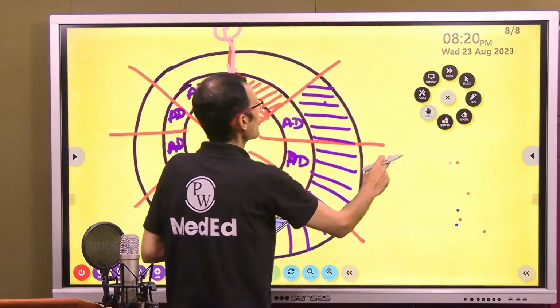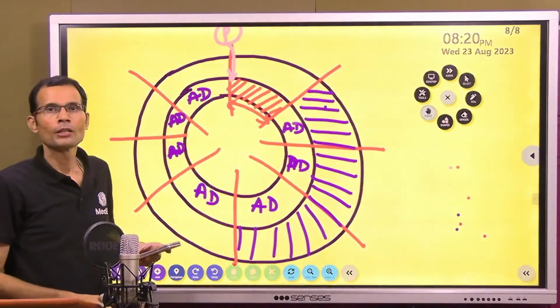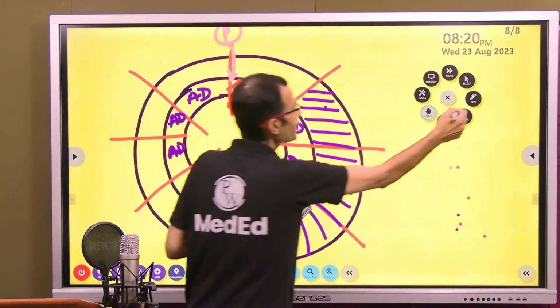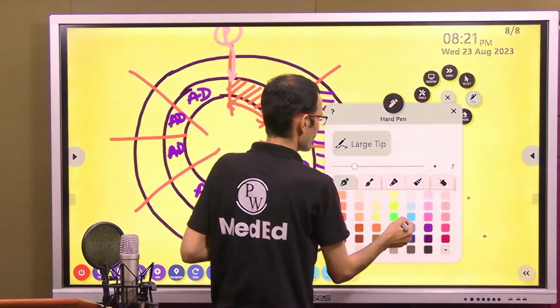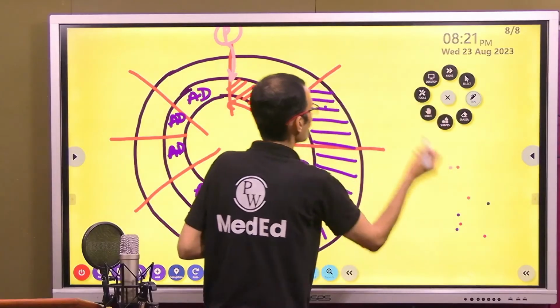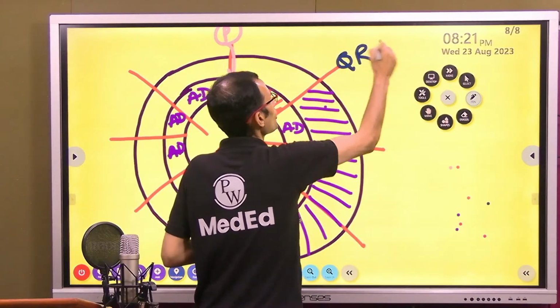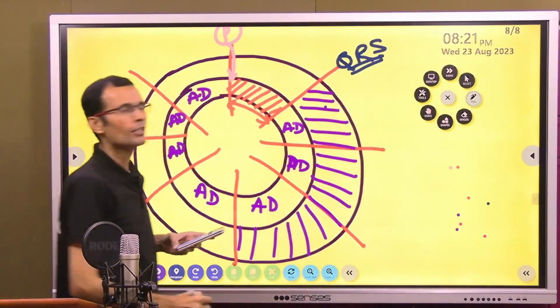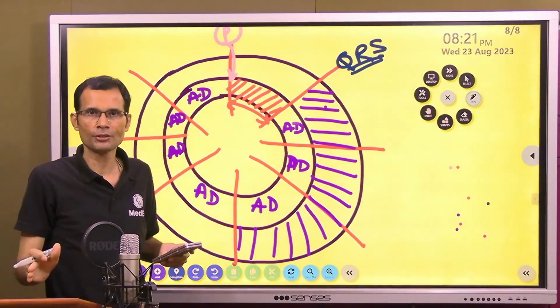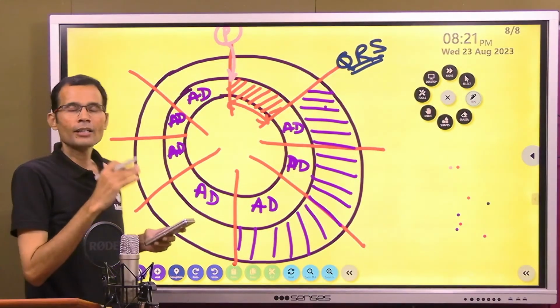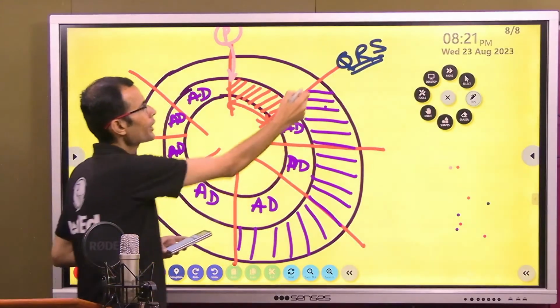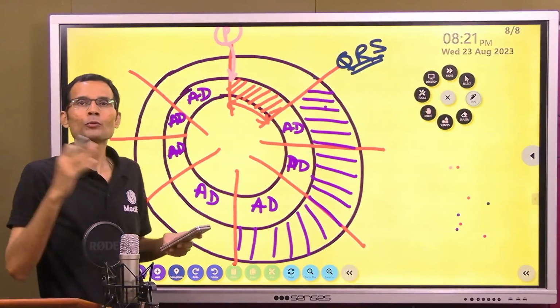Now coming to the ventricular systole. First thing on the ECG, there will be a QRS complex. So let's write it here. There is a QRS complex which is ventricular depolarization. And after that, the ventricular contraction, systole, will start.